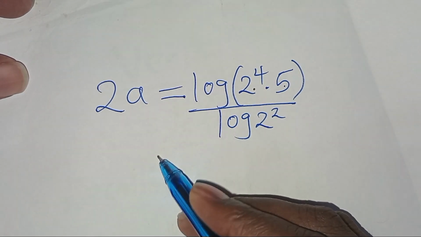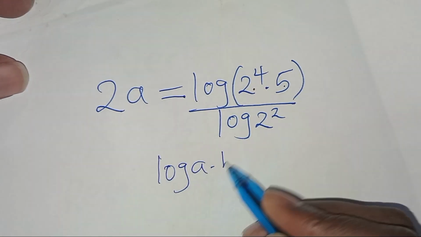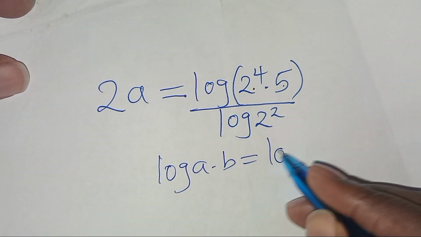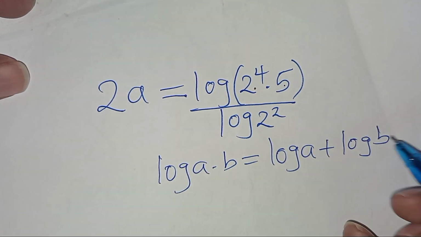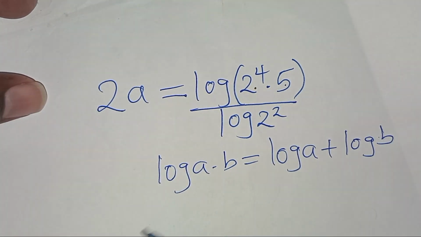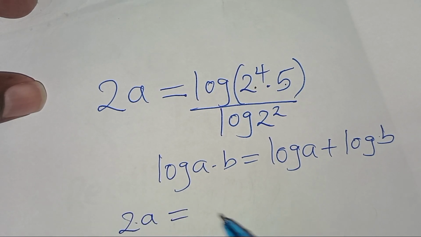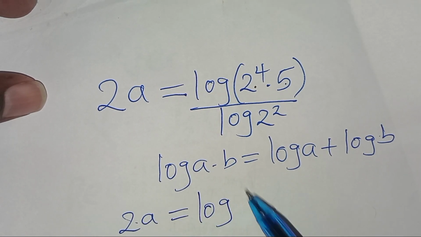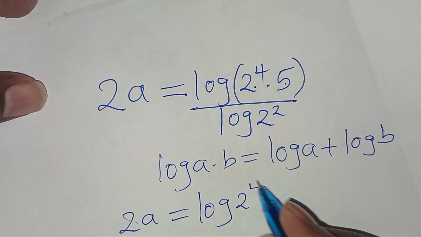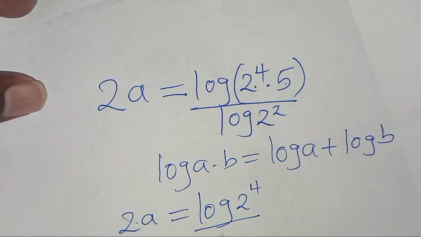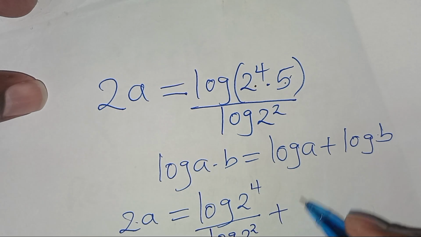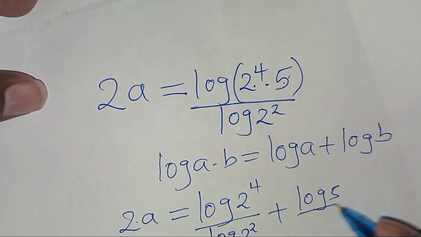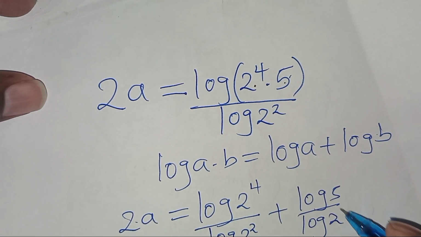And this is in the form of log a multiplied by b, which you can express as log a plus log b. So let's apply this property. We'll have 2a equal to log 2 to power 4 divided by log 2 to power 2, plus log 5 divided by log 2 to power 2.